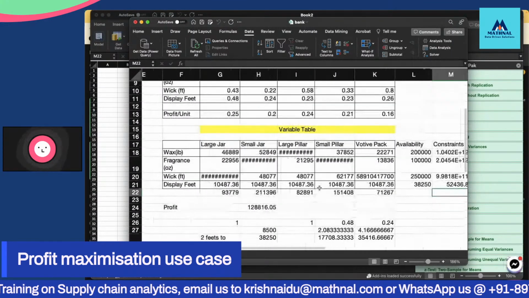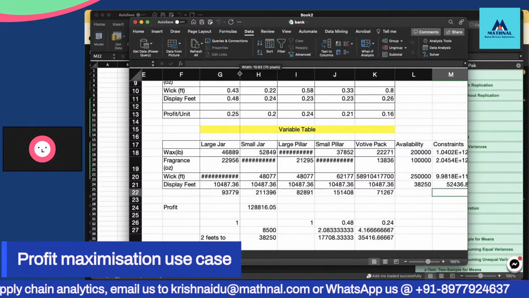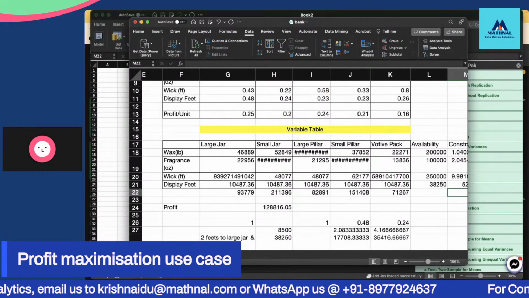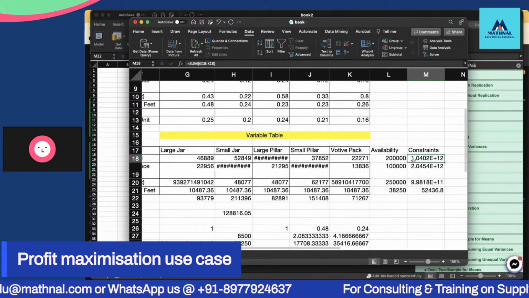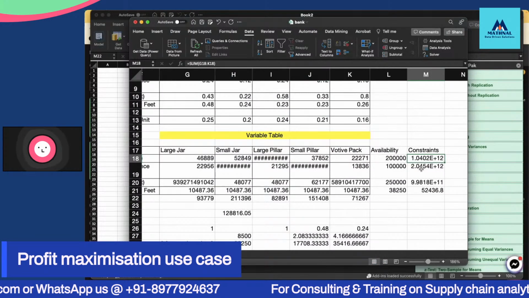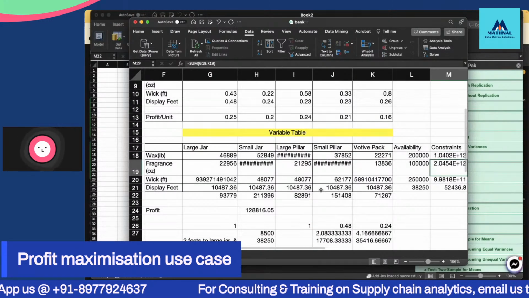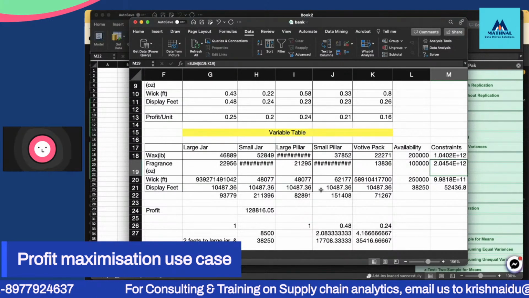You're not getting a solution here because G18 to K18, this is G19 to K19, this is what?